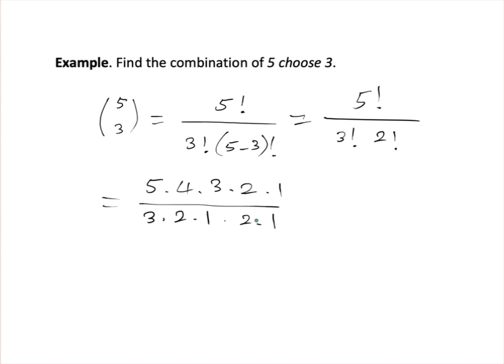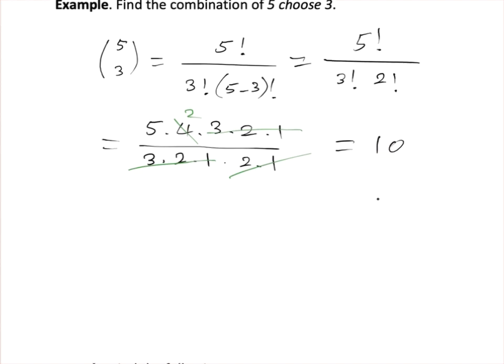You can ignore all the 1s. 3 times 2 times 1, that tail is eliminated with this tail, 3 times 2 times 1, right? You divide by 3, divide by 2, and ignore the 1. And then the denominator now is 2 times 1, which is 2. That can simplify with the 4, and that gives you a 2 here. So the result is 5 times 2, which is 10.